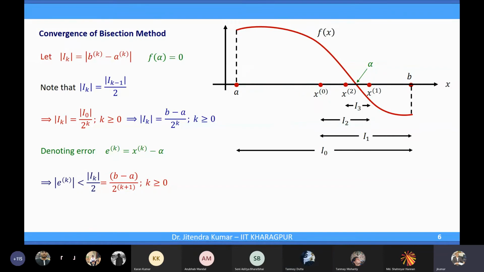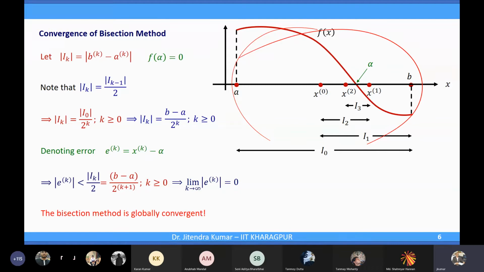So the relation we have already kept here: as k approaches infinity, your e_k will go to 0. Clear? So definitely the error will go to 0 in infinitely many steps. This is the kind of mathematical proof which you hardly need. You can understand from the algorithm itself that it will converge.